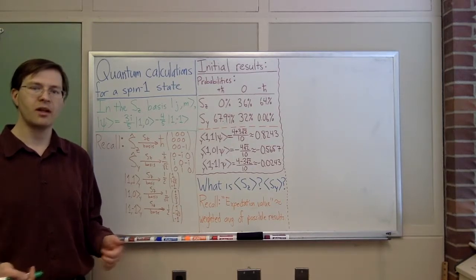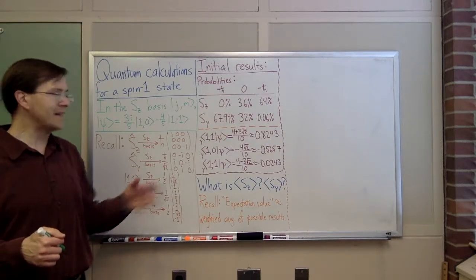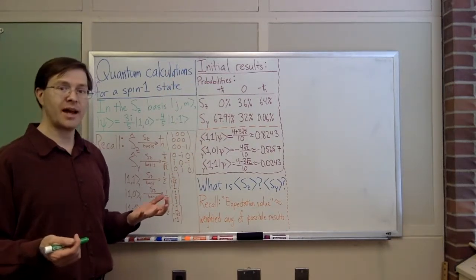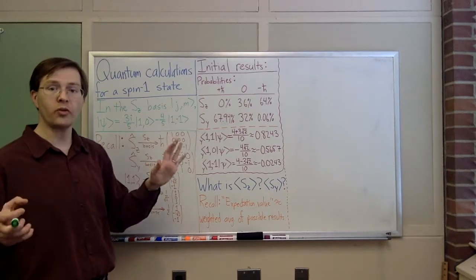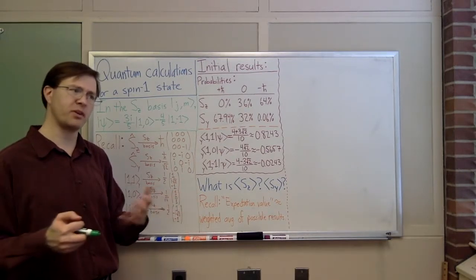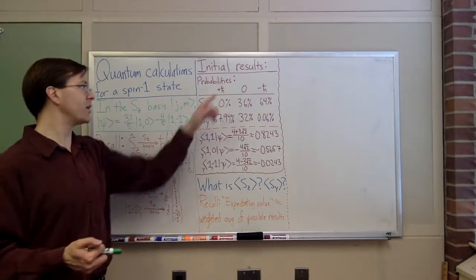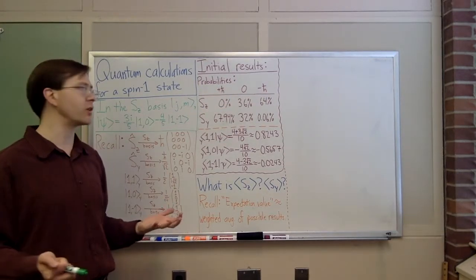Now, in a previous video, I did a bunch of calculations of probabilities and of some data for this. In particular, we know that for any spin Z component measurement, or any component of spin along any axis for a spin-1 particle, the only possible values we can get are plus h bar, 0, and minus h bar. Those are the only values that can possibly turn up.